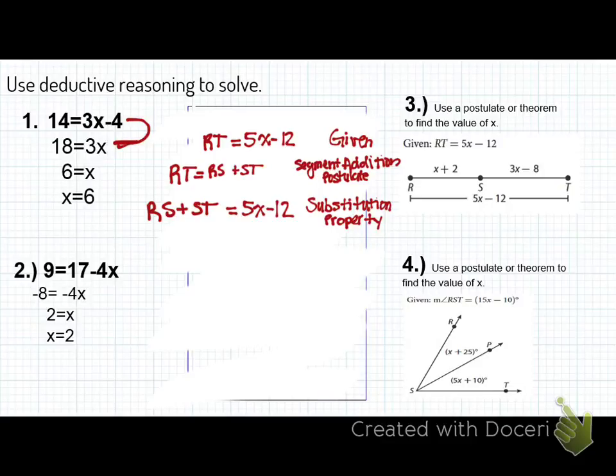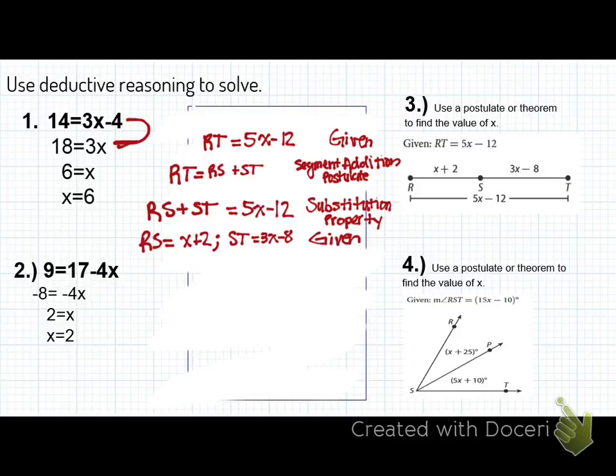What's RS equal to? Well, let's look up here. What's RS equal to? Good. And what's ST equal to? Good. So then we would write that down. We say we know RS is equal to x plus 2 because that's given, and ST is equal to 3x minus 8. This was also given to us.